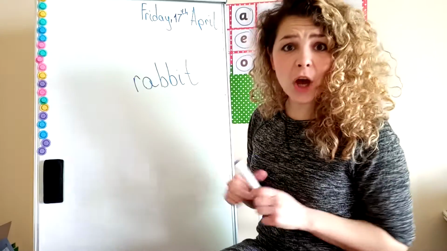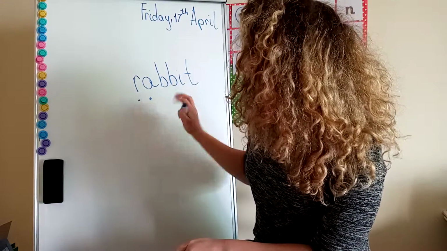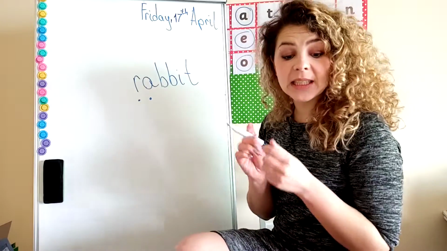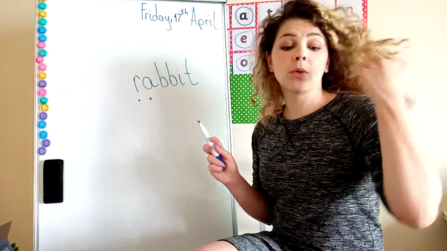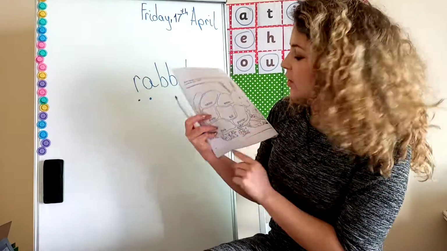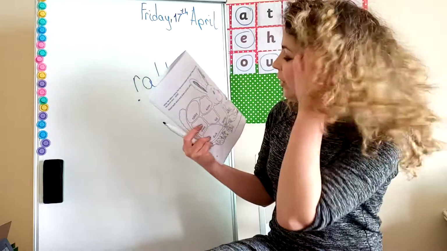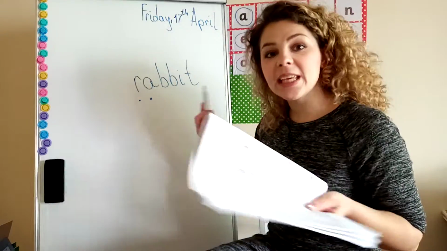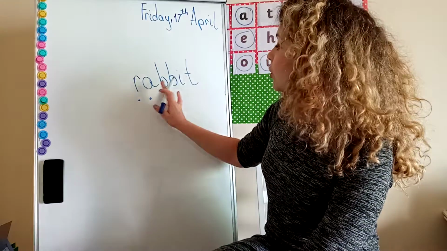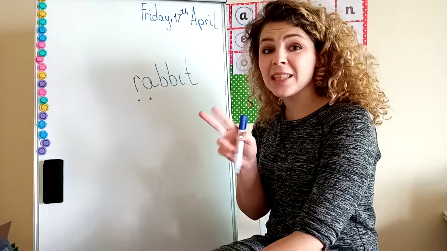Okay, so I'm now going to put sound buttons. R, A. Now look here, you have two B letters. So this exercise is actually about that. All the words that you have here have double letters. But the trick is to remember that even when you have two times the same letter, you don't hear the same sound twice, but only once.